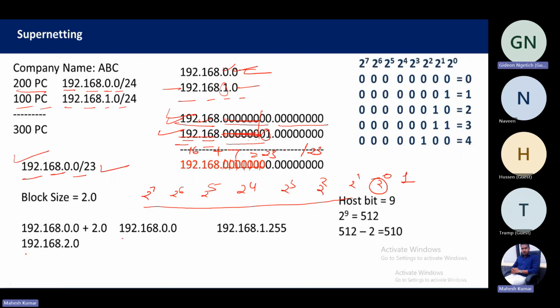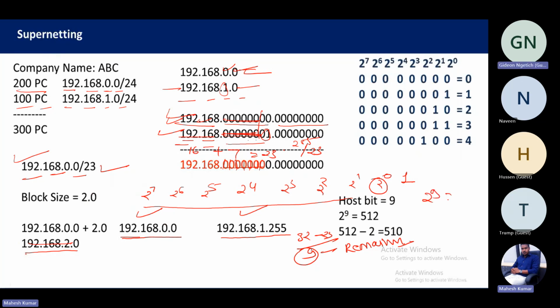Our network ID will be 192.168.0.0, and our broadcast ID will be 192.168.1.255. 192.168.0.0 is our base network ID by default, but the broadcast ID is 1.255 because the last is 255. Now, from 32 bits in total, minus 23, how many bits remain? 9 bits remain for the host.